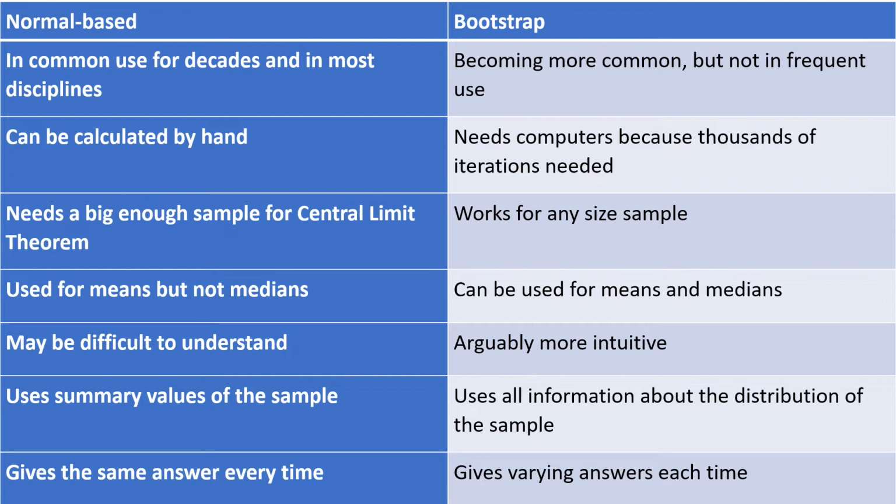So this is really great. It can be used for means and medians. It's arguably more intuitive. In other words, it's actually easier to understand. It uses all information about the distribution of the sample. It gives varying answers each time.